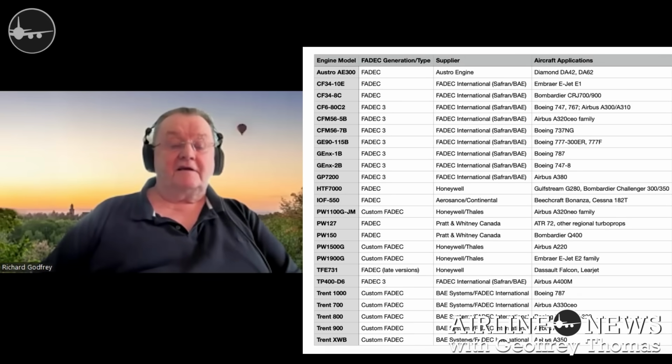By the 1990s, the ICAO, FAA, and the EASA in Europe strongly favored FADEC-equipped engines because of their safety, efficiency, and compliance with emissions standards. Currently, every major commercial aircraft type has a FADEC, and there are both standard FADECs and custom FADECs per engine. So it's quite a long list.